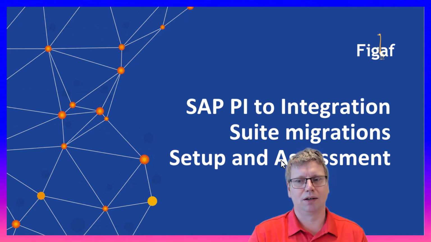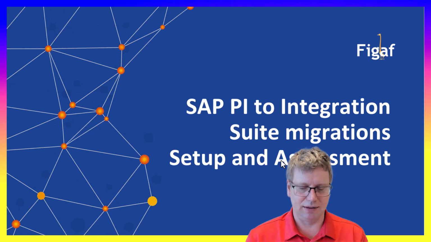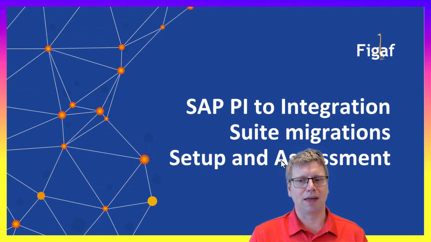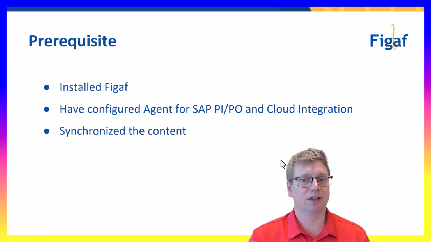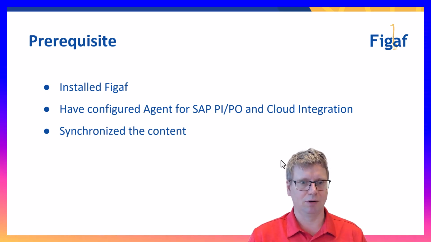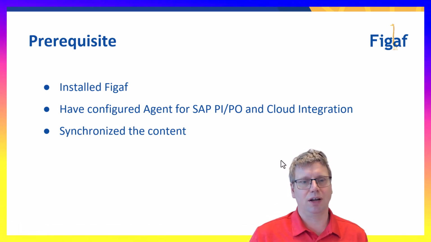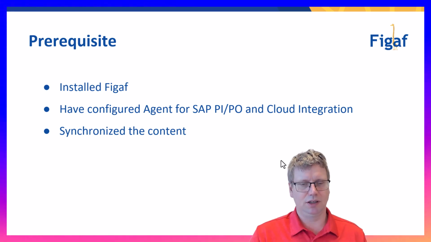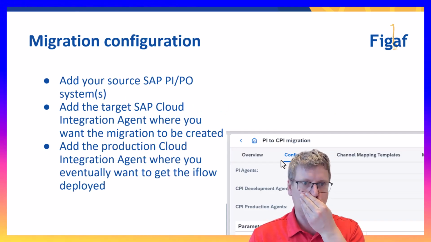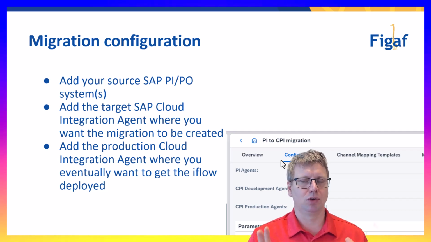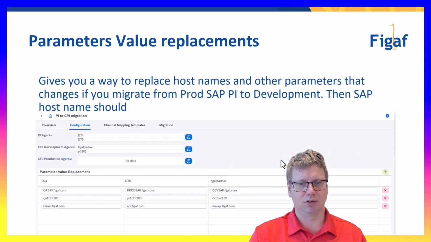The first part here is setup and the assessment. You should have installed the Figaf tool by now, configured the agent, and synchronized these agents. The first thing we want to do is set up our landscape: what is it that we want to be working on for this migration?